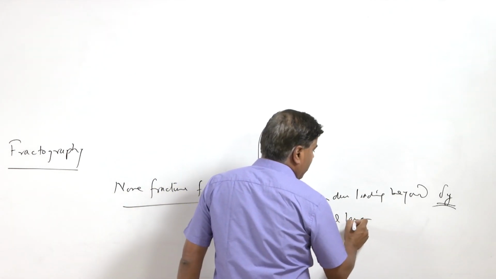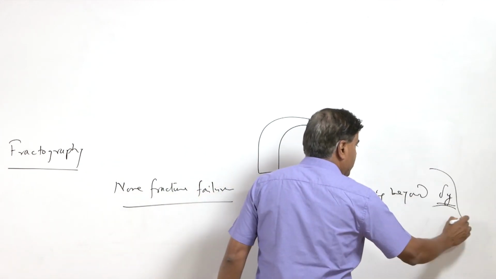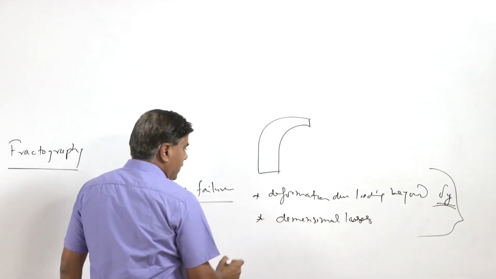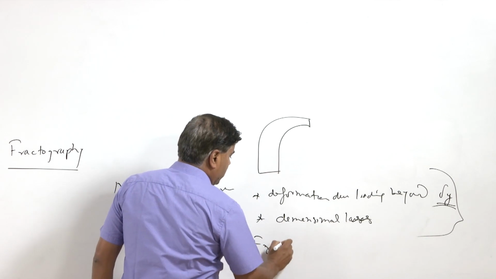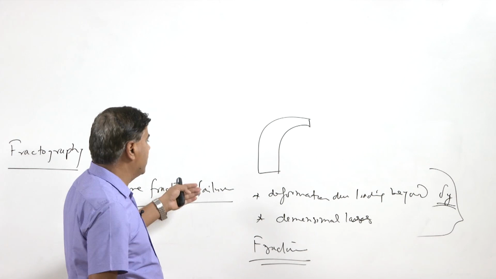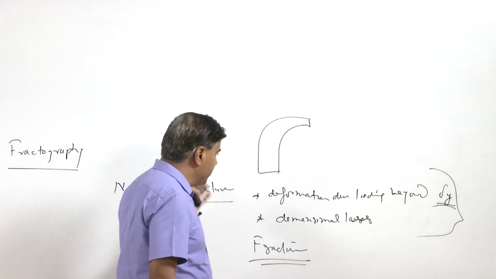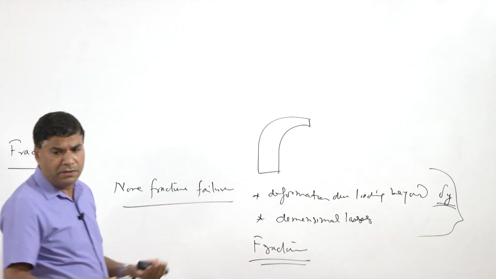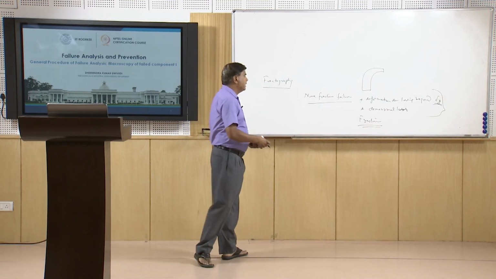So, these dimensional losses also lead to failure, and sometimes non-fracture failures eventually cause fracture. There may be a possibility that initially the failure started as a non-fracture failure, but if it continues for a longer period, then due to the excessive dimensional losses under the given set of loading conditions, even fracture may take place.